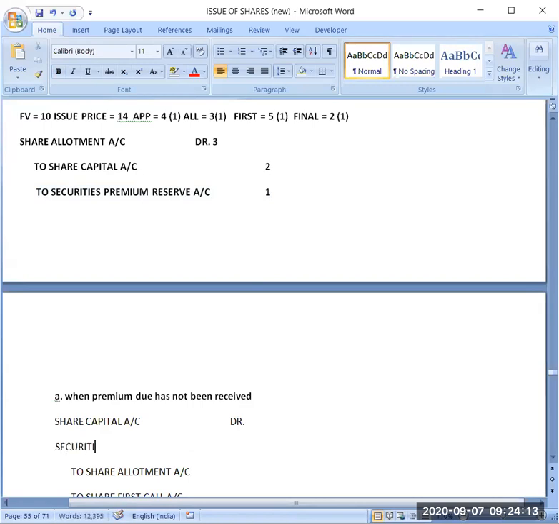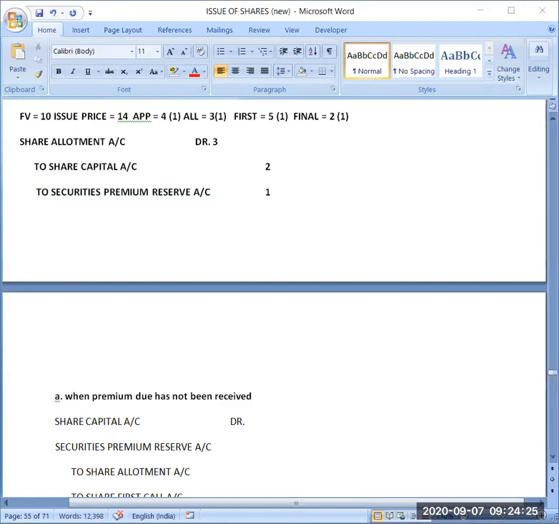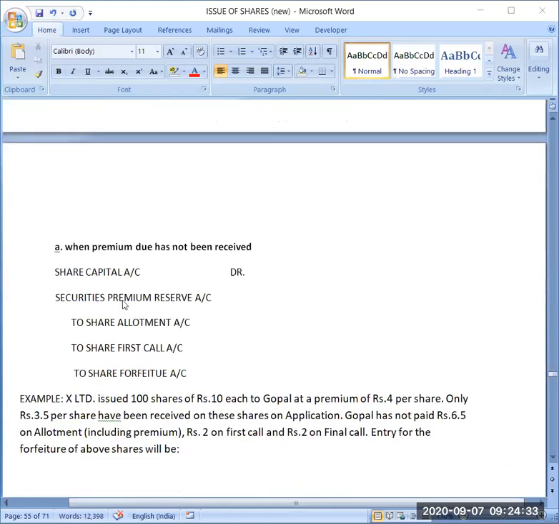Securities premium reserve account. So this will be the general entry.